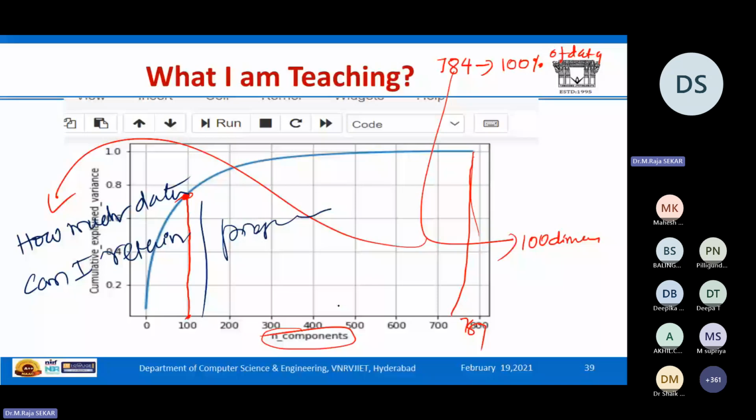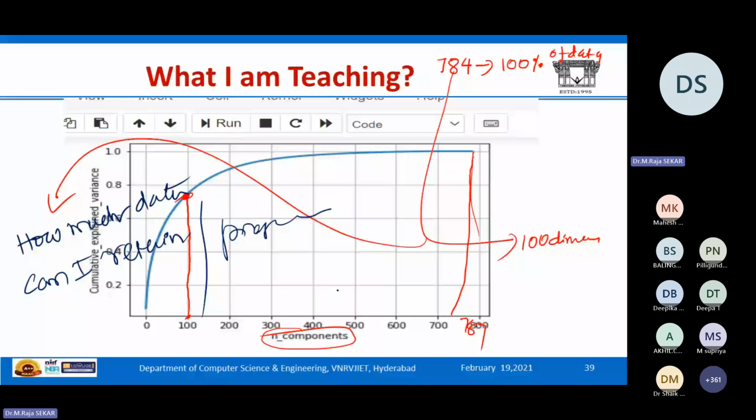I have to plot cumulative explained variance on the y-axis and number of components on the x-axis. How many components? There are 784 components, as this is a square matrix of size 784. I'm taking components on the x-axis and explained variance on the y-axis.